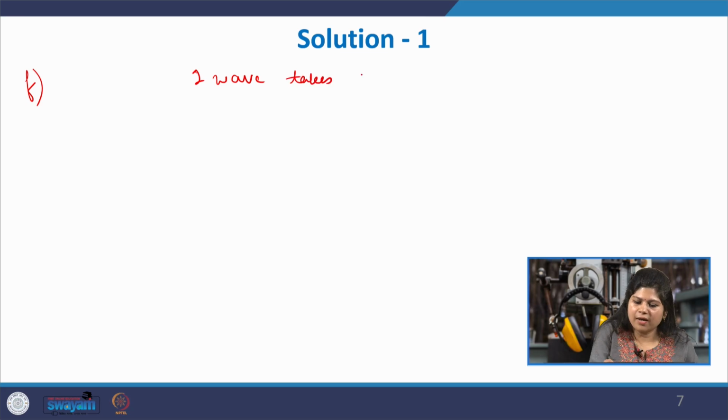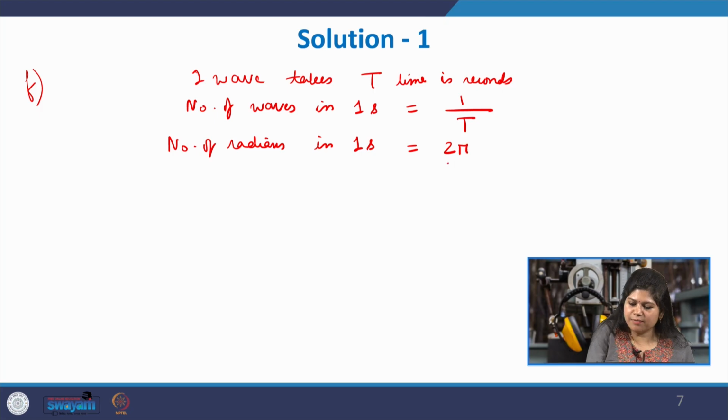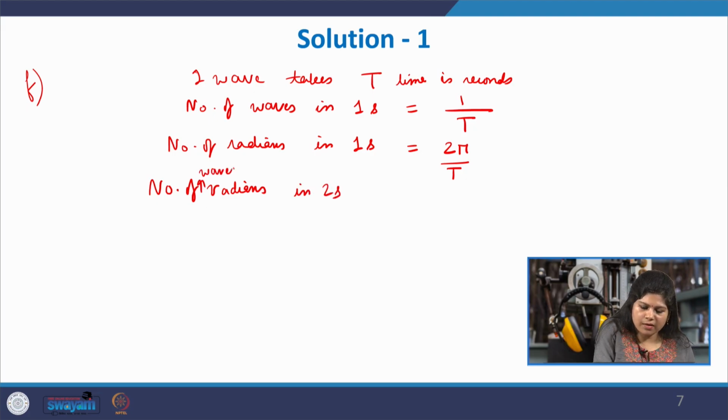takes T time in seconds, because T is the time period. So, the number of waves in 1 second would be 1 by capital T. So, the number of radians in 1 second would be 2 pi by capital T. We are asked how many radians of waves are created in 2 seconds.